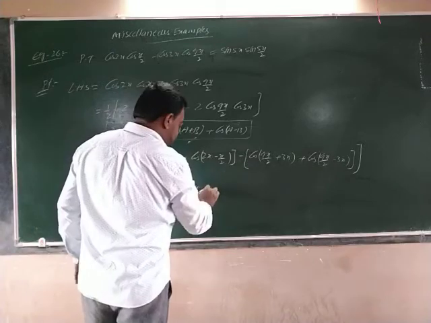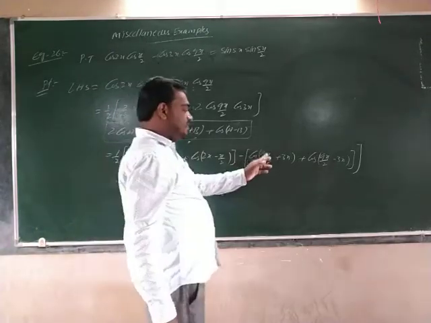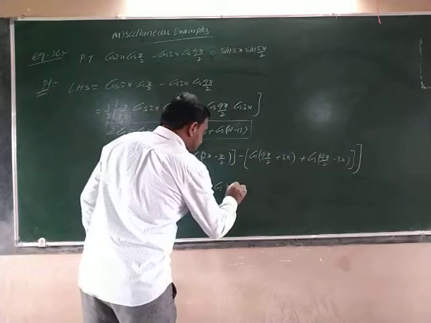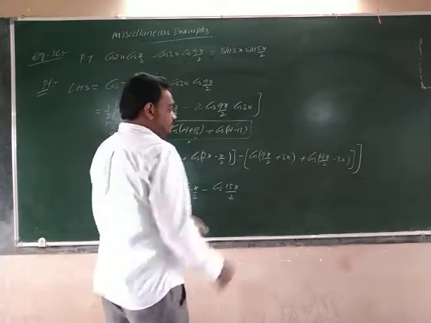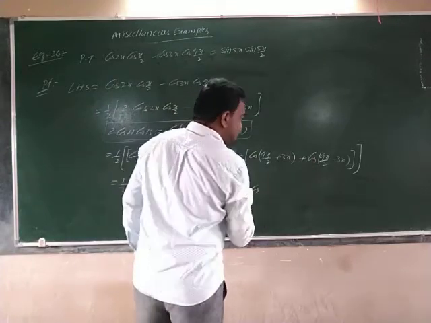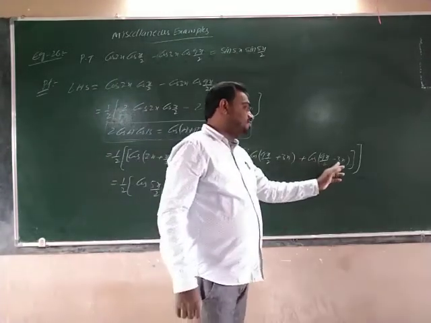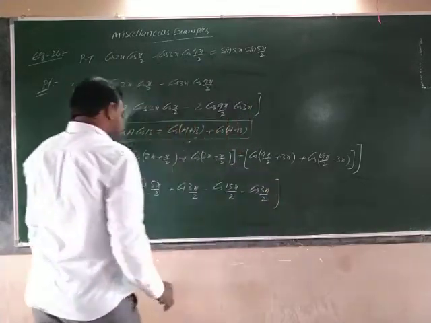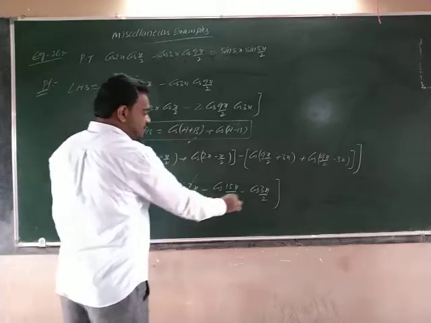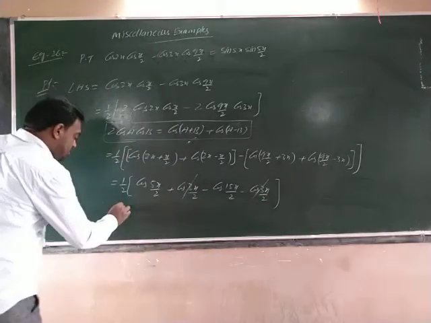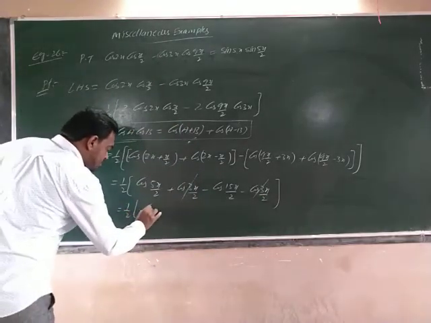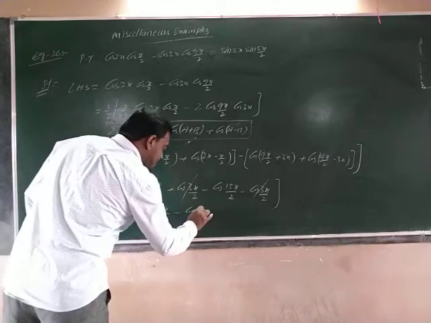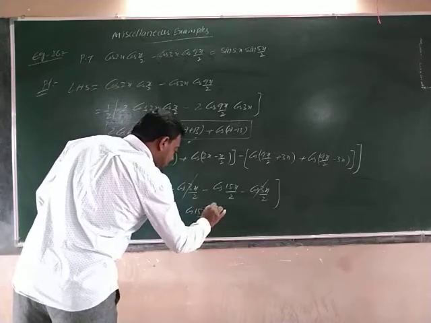Multiply with minus also: minus cos 9x plus 6x, 15x by 2, and minus into plus minus cos, 2 is the LCM, 9x minus 6x, that is 3x by 2. Now cos 3x by 2, cos 3x by 2 cancels. This is equal to 1 by 2 into cos 5x by 2 minus cos 15x by 2.